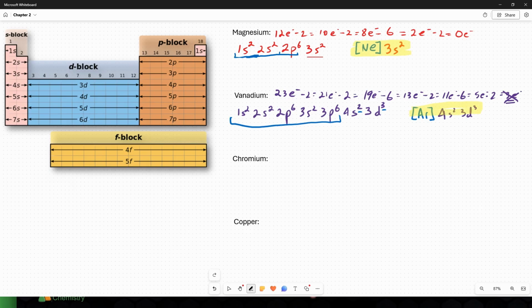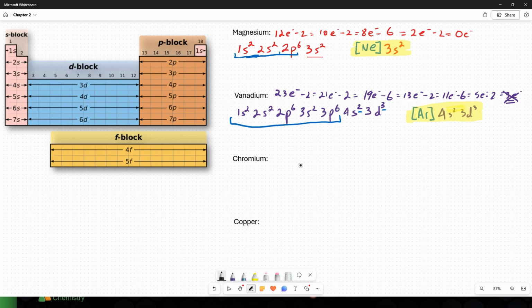Now, normally on the AICE exam, and this is very important, unless you're asked specifically for the noble gas electron configuration, do not do this. Sometimes it will ask you for the noble gas electron configuration. A lot of the time they do not. So unless they ask you specifically for this, do not do the abbreviation.